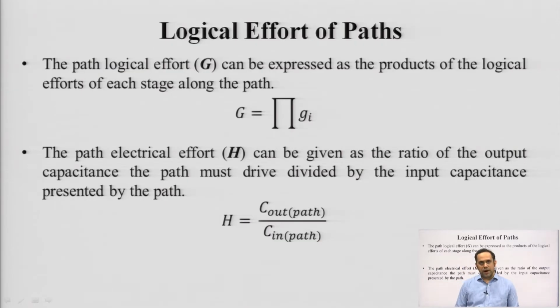For a particular path with multiple stages, the total logical effort is denoted by an uppercase G. Till now we have used lowercase for logical effort, but when you are talking about a multi-stage path, the net path logical effort is basically the product of the logical effort of each stage.